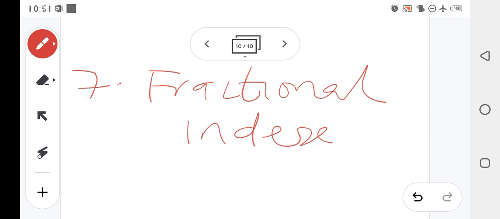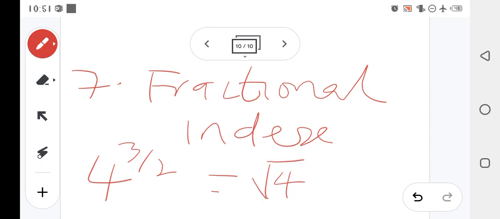For instance, 4 raised to the power of 3 over 2. What this simply means is that you will take the square root of 4 then raised to the power of 3, meaning that you take the square root of 4, everything raised to the power of 3. Square root of 4 is 2, so this will be raised to the power of 3, which becomes 2 raised to the power of 3, which becomes 8.